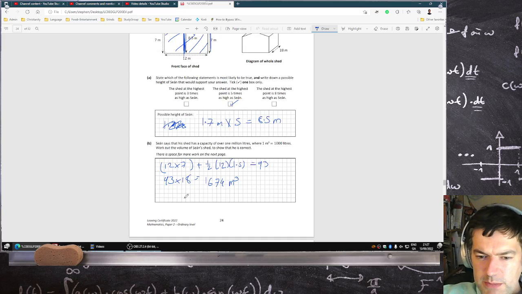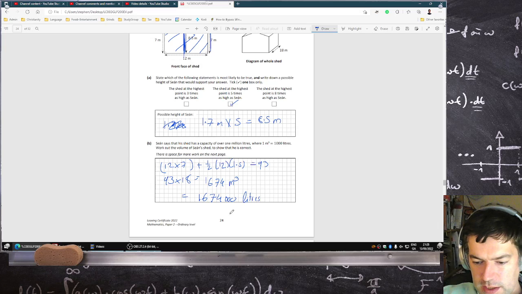So remember, 1 meter cubed is 1,000 liters. So that's 1,674,000 liters, which is true. That is actually equal to 1.674 million liters.